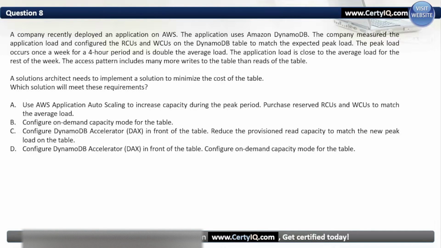The application load is close to the average load for the rest of the week. The access pattern includes many more writes than reads of the table. A solutions architect needs to implement a solution to minimize the cost of the table. Which solution will meet these requirements?